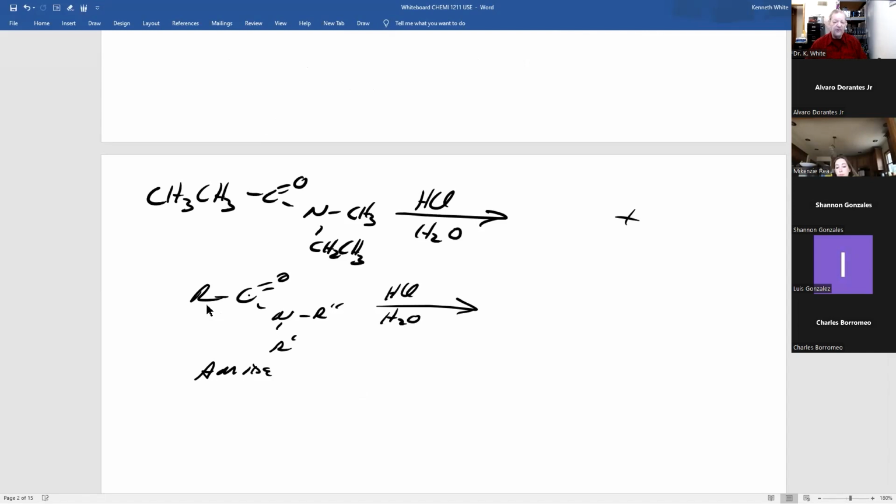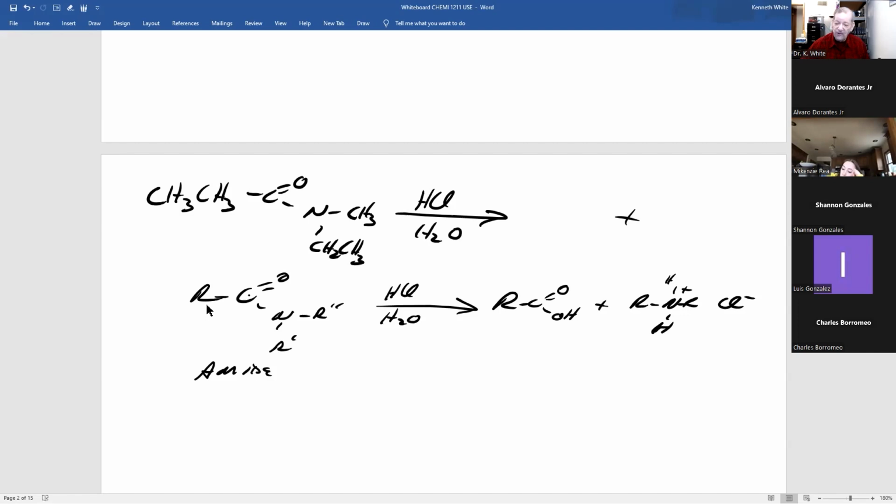The reason why I don't use H plus is because you need a counter ion for the amine salt. And what do you get back? You get back the carboxylic acid you would have used to make that amide, plus the amine salt of the amine.